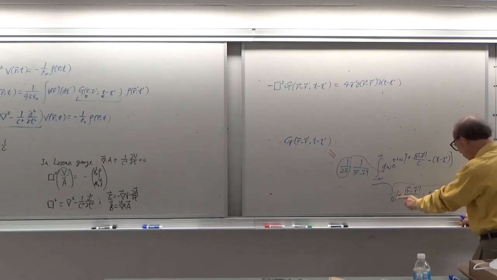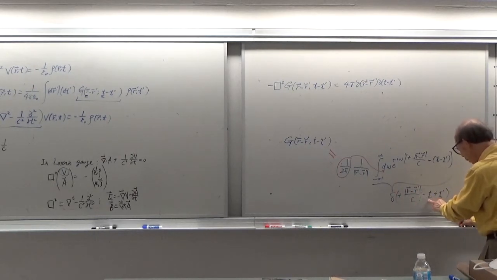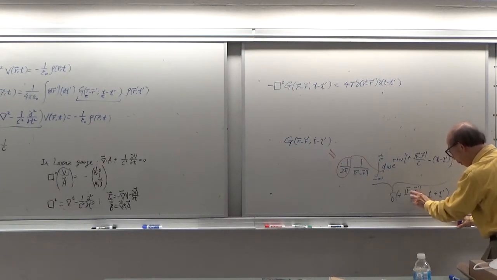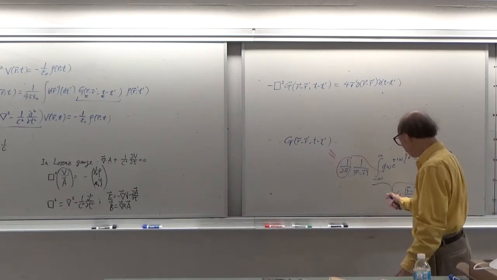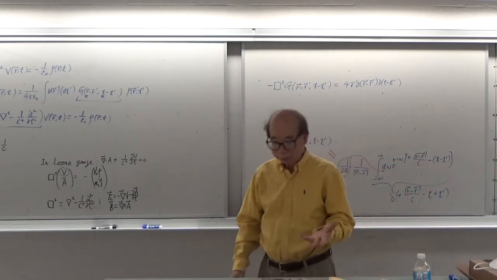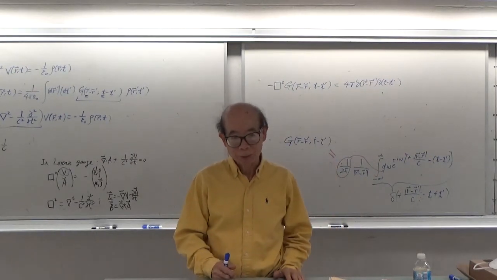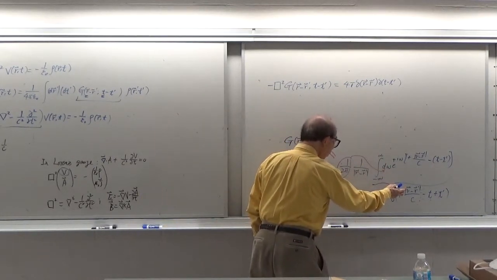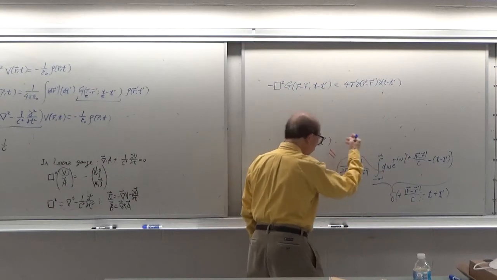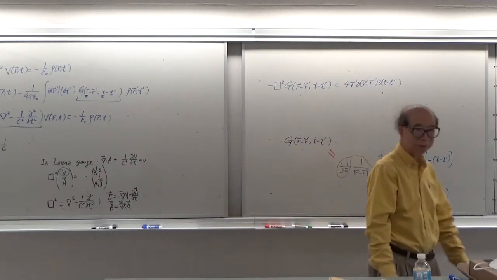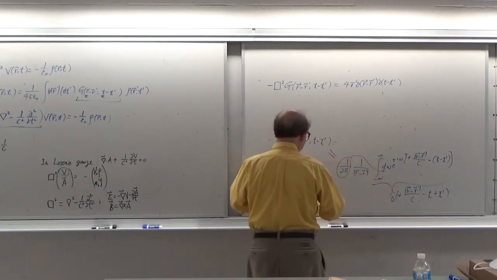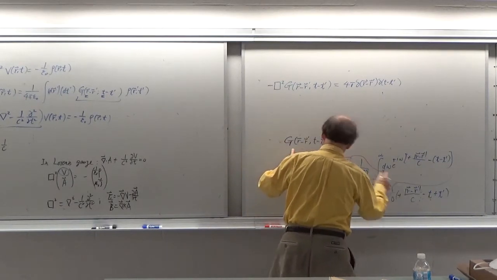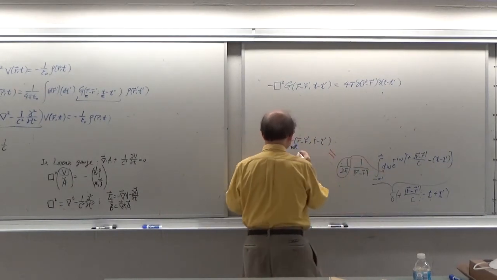This delta function says that T has to be equal to T prime plus the amount of time that it takes light to travel from R prime to R. So this solution of the Green's function is consistent with our idea of causality, namely that the cause always comes before the effect. You also remember that we call the solution corresponding to the plus sign here the so-called retarded Green's function.